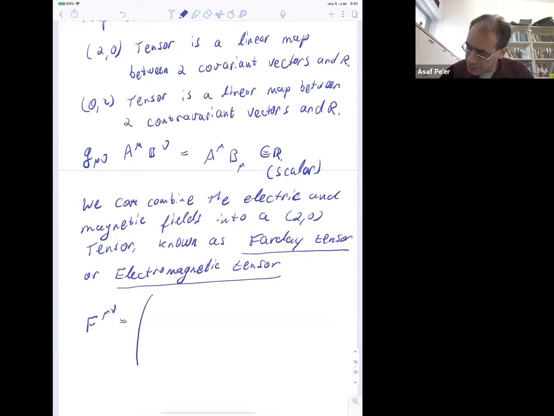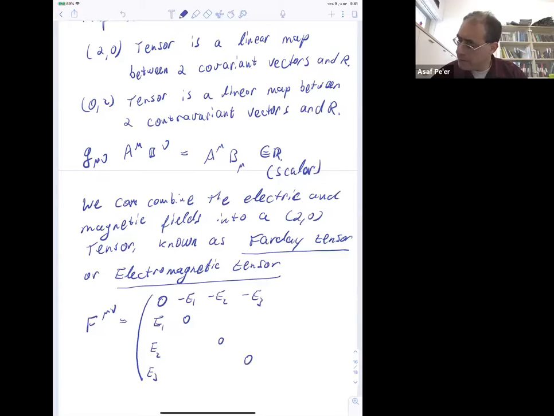Now the definition, again, is convention. The convention in particle physics is opposite in sign to the convention that is used in astrophysics. And it goes like that. So it's a 0, and then minus E1, minus E2, minus E3. It's antisymmetric, so it's E1, E2, E3, with zeros on the diagonal.